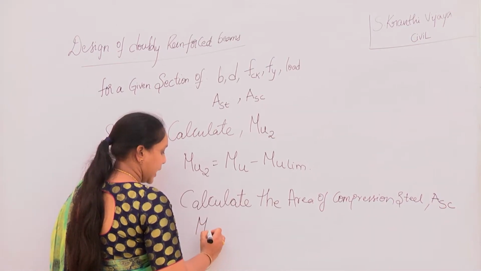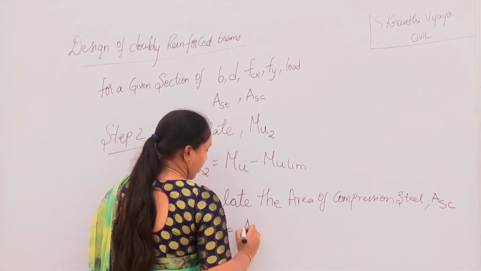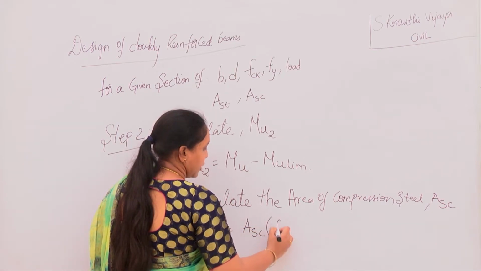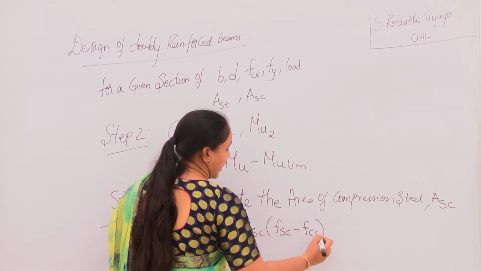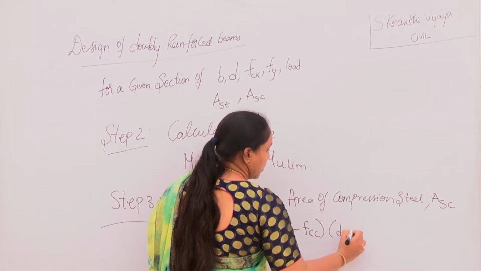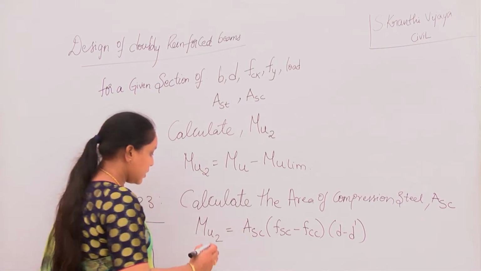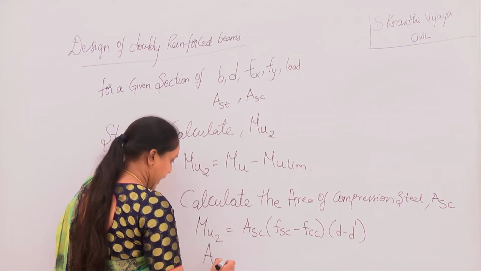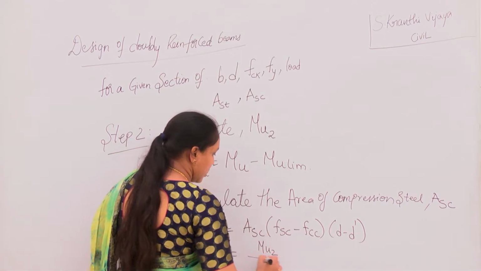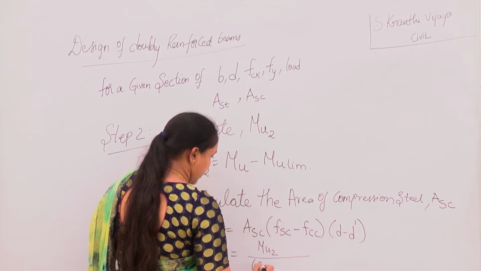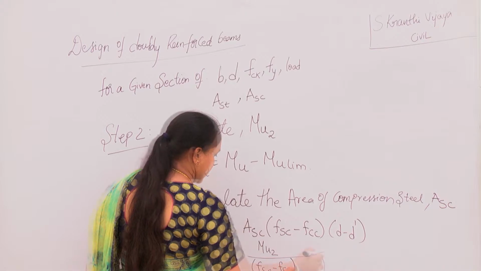By using the following equation: MU2 is equal to ASC into FSC minus FCC into D minus D dash. From this you can write down ASC as MU2 divided by FSC minus FCC, into D minus D dash.